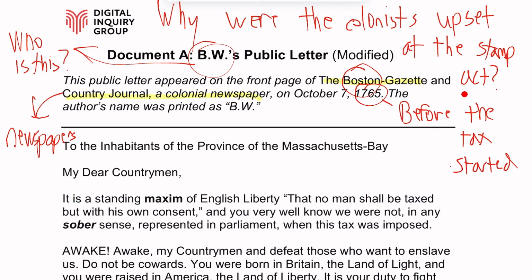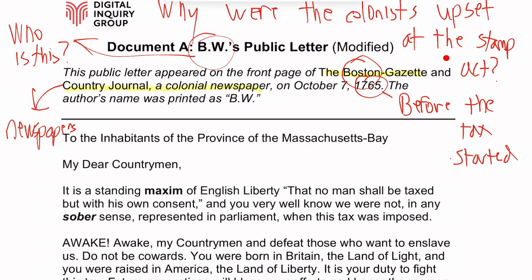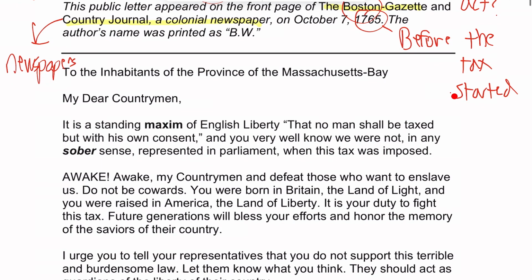Overall, I think we come to the conclusion that this is reliable, meaning we can trust that this is a real source with real information from the time period, a real primary source. Let's start to unpack what's happening here.